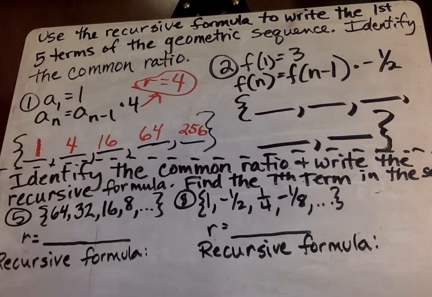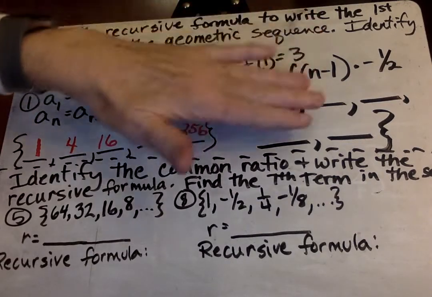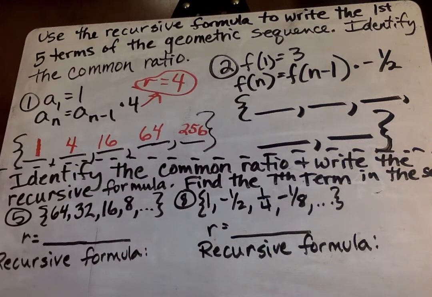Okay. So the next one, number 2, f of 1. This is sequence notation right here with the a1 and the a_n's. If it's f of 1 and f of n, this is function notation, and we have to make sure we're familiar with both types of notation.